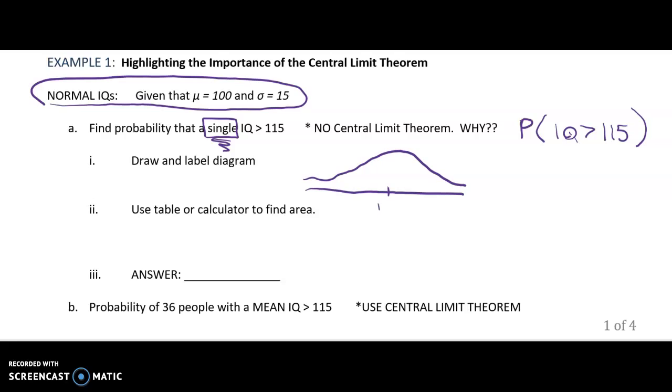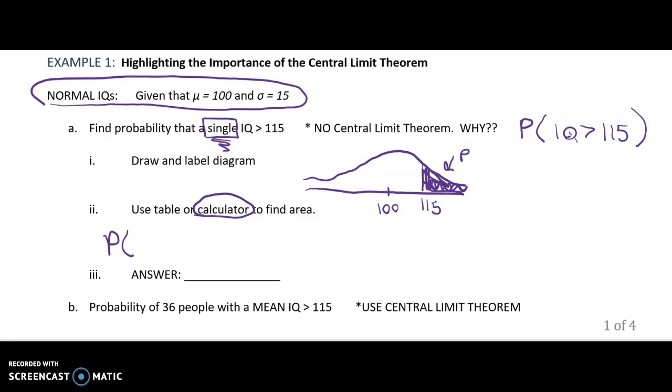The mean is 100. I know the standard deviation is 15, and we're finding the probability that IQ is greater than 115. So I'll label 115, and I'll shade the area that comes after it. And I know my X score, and I'm trying to find my probability, P. So I'm going to use my calculator to do that.